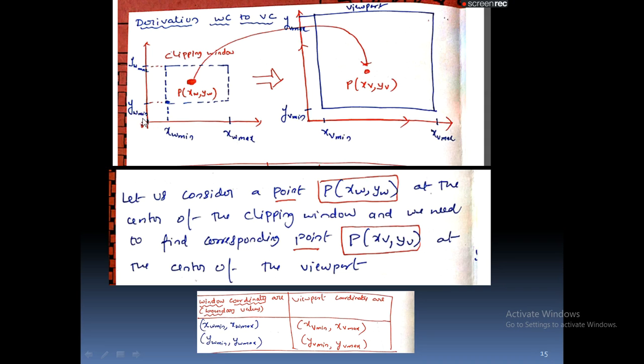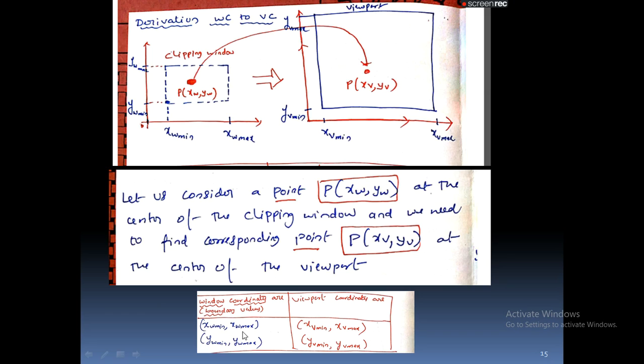Similarly, YW min means the clipping window y-axis minimum value, and YW max means the clipping window y-axis maximum value. So as you can see, I defined one clipping window. Its lower bottom corner coordinates are XW min, YW min, and its upper right corner coordinates are XW max and YW max.